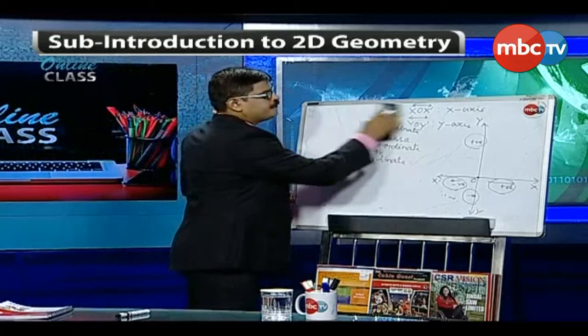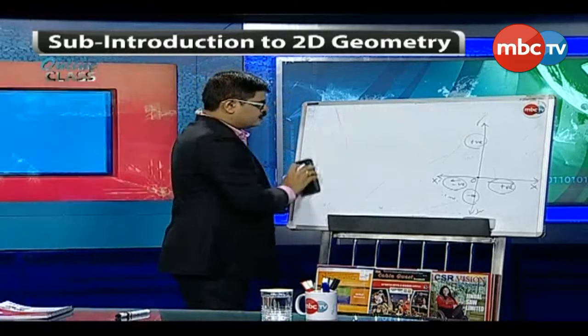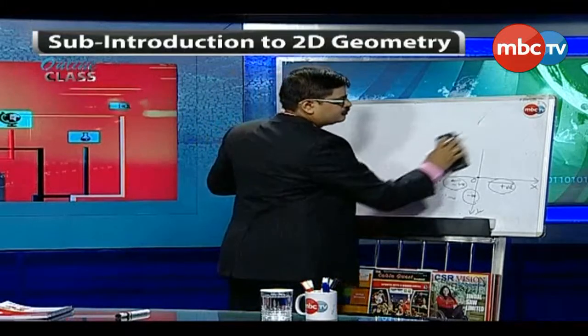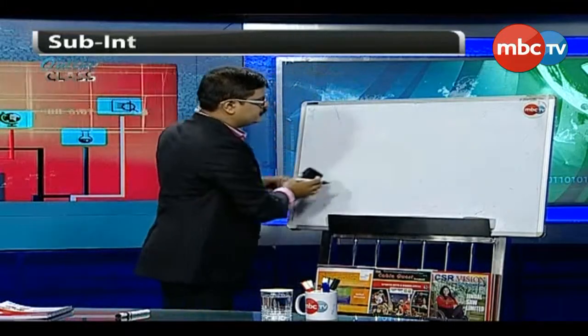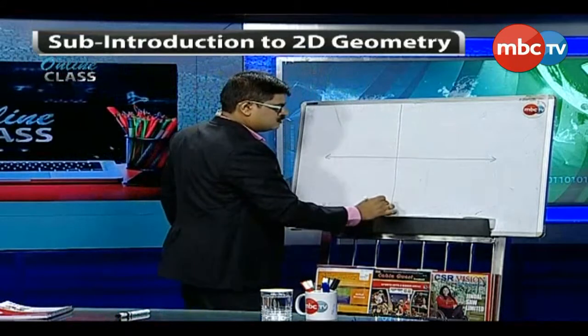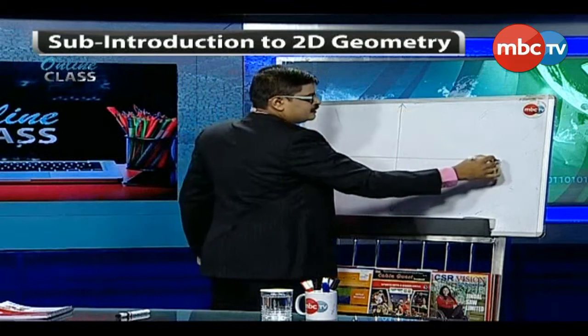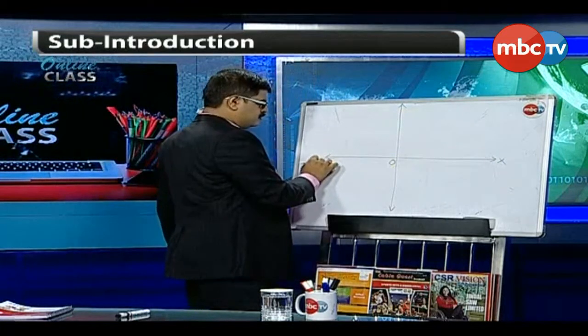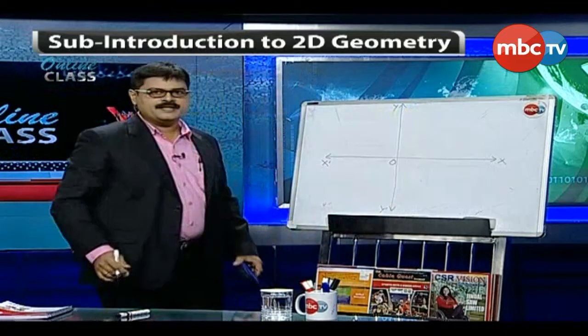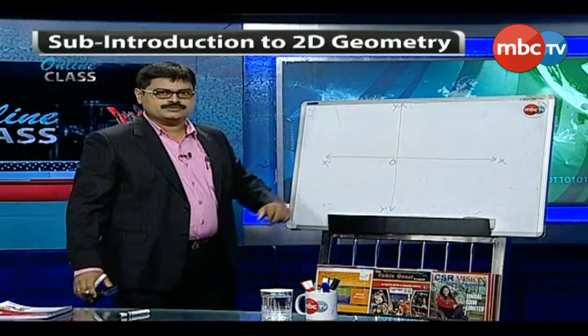Now, we will discuss what are quadrants and signs. So, these two coordinate axes, they divide the plane into 4 infinite regions.